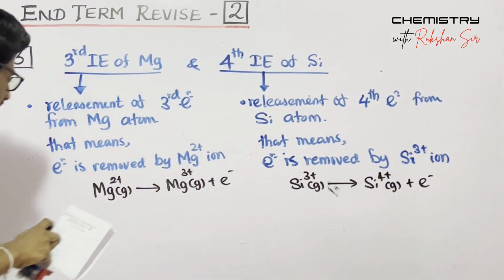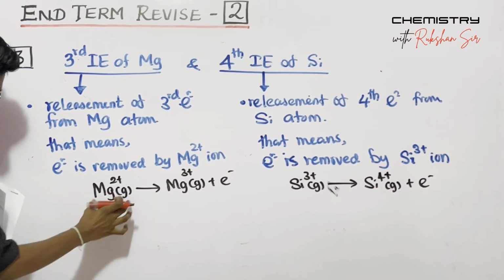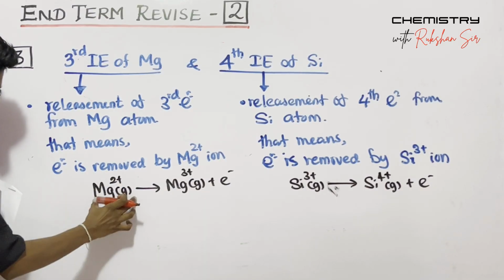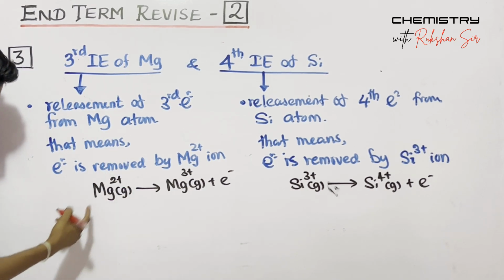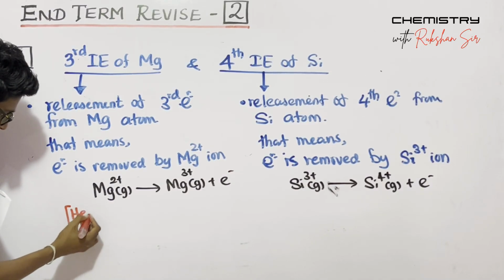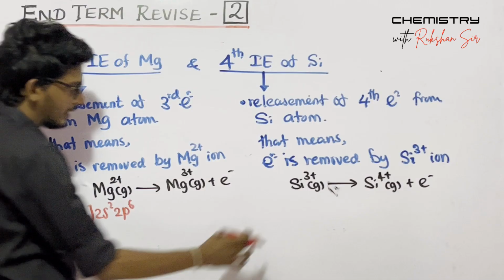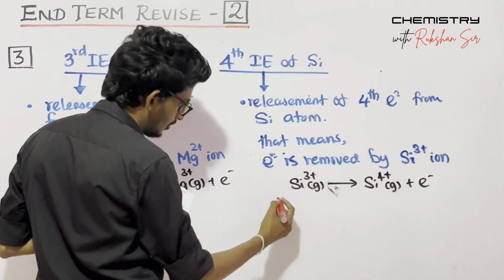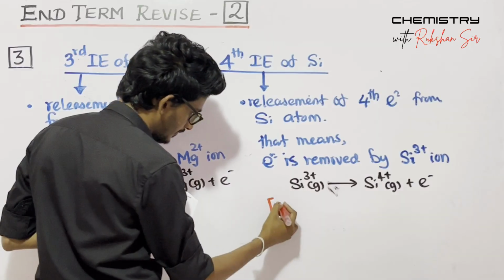If you think of the electronic configuration, magnesium is the 12th atom, so magnesium 2 plus has only 10 electrons, as 2 electrons are removed. Silicon is the 14th atom, and removing 3 electrons means it has 11 electrons.